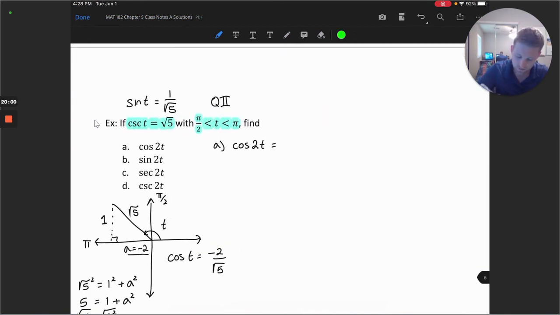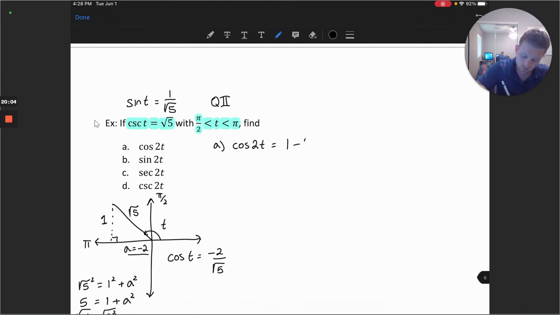So we'll have 1 minus 2 sine squared of t. We already know the sine function, so we have 1 minus 2 times 1 over the root of 5 quantity squared.